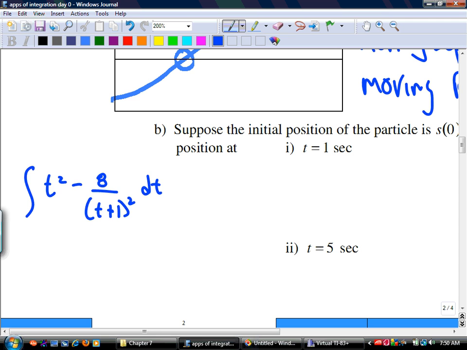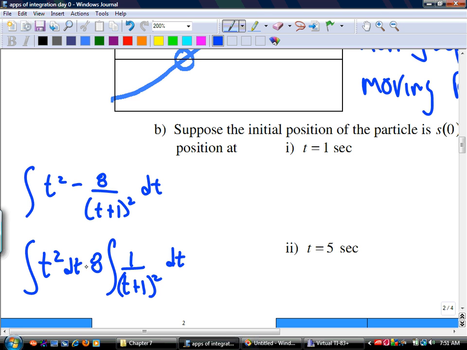So I would recommend splitting the integral into two parts. One part is easy to do, and one part is easy to do. Together they're not as easy to do. Know what I mean?